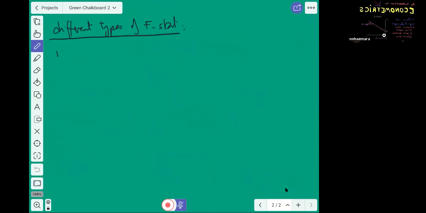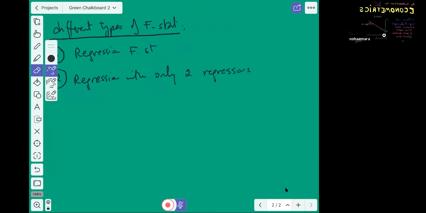So the first one is the regression F statistic. I have a special case if I have regression with only 2 regressors. Let me write this one, regression, just to have consistent names.